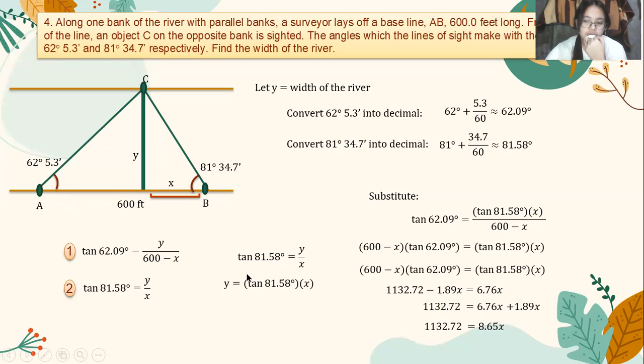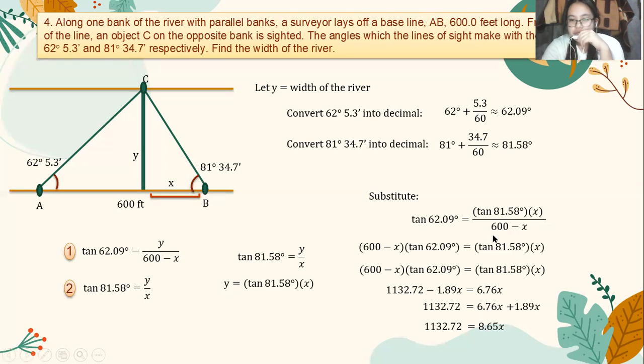So we have to solve for the initial value of y. We will use equation number 2 since it is easier. Tangent 81.58 degrees is equal to y over x. Let's cross multiply: y is equal to tangent 81.58 degrees times x. Let's substitute y into equation number 1.